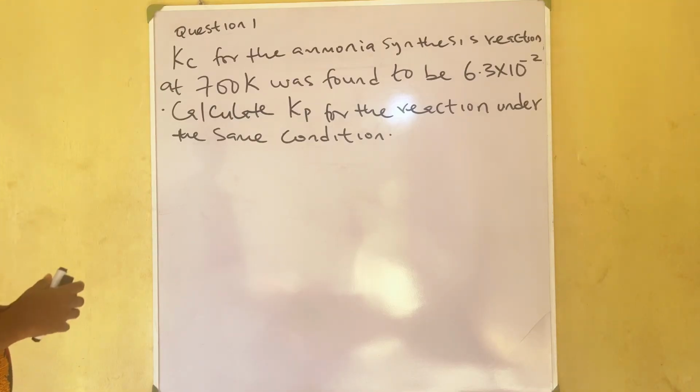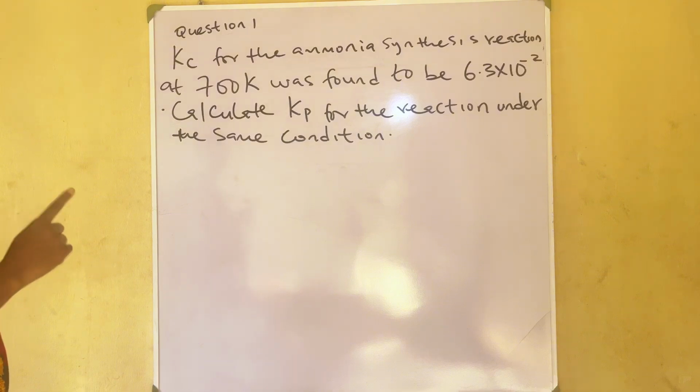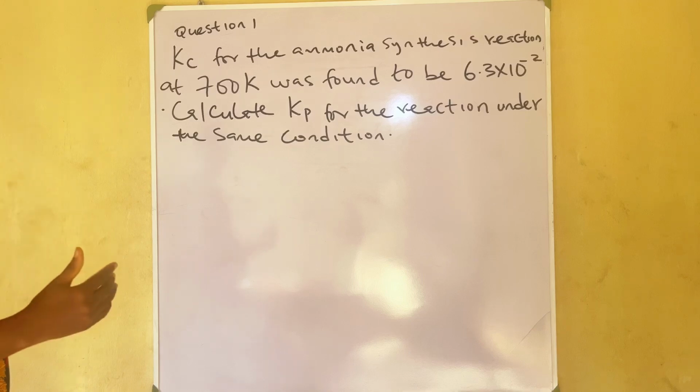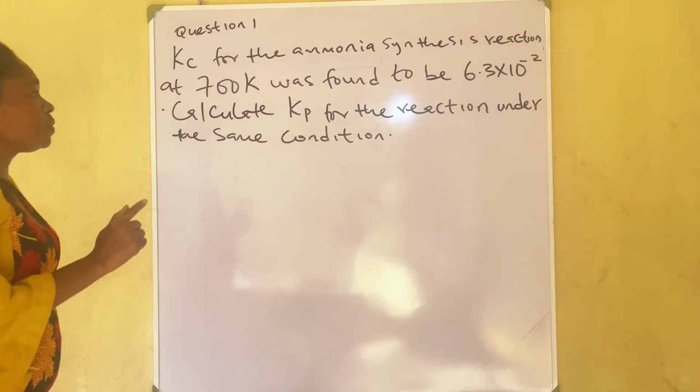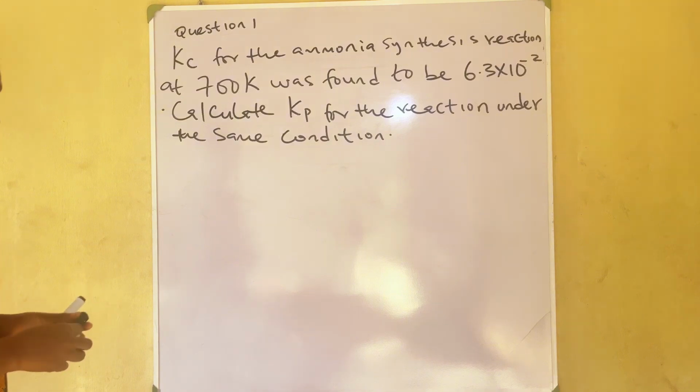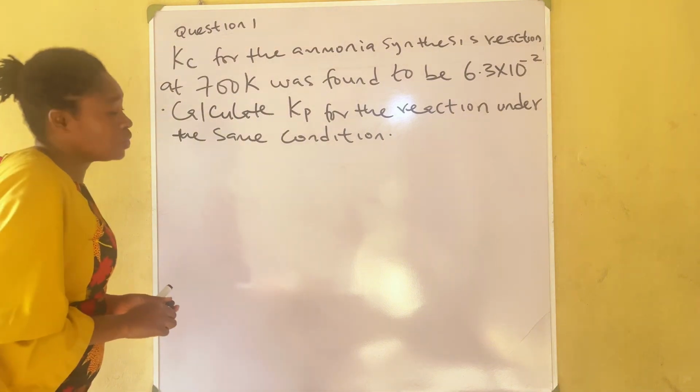Let's look at question number 1. Kc for the ammonia synthesis reaction at 700 Kelvin was found to be 6.3 times 10 raised to the power minus 2. Calculate Kp for the reaction under the same condition. I'm going to write the solution.